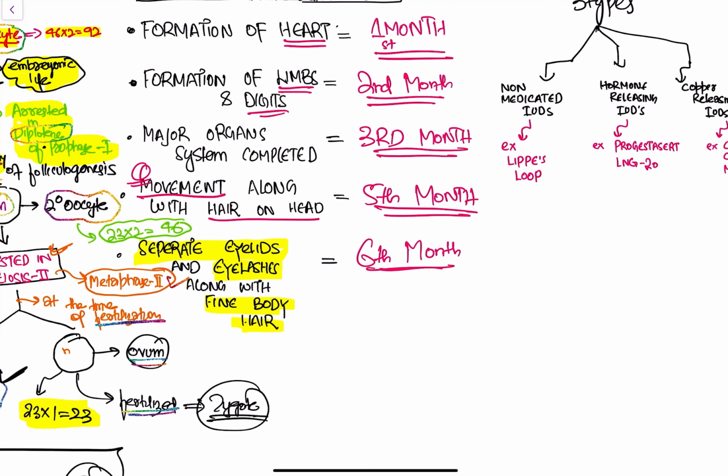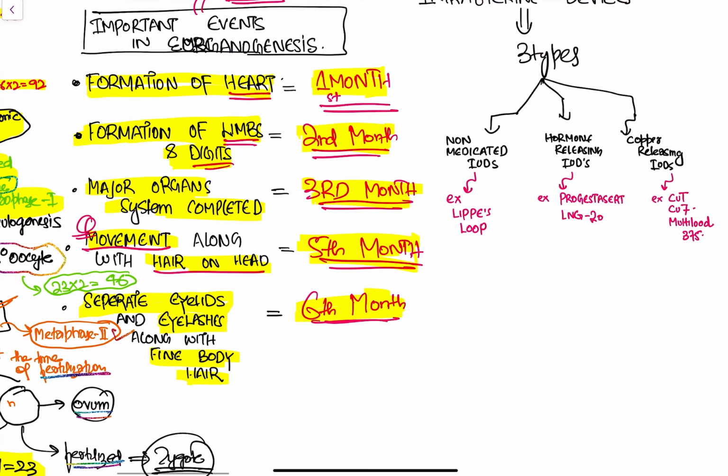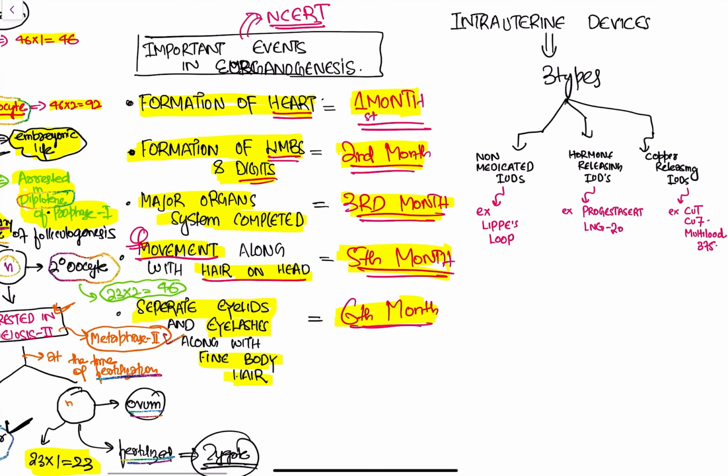So importantly, remember, formation of heart occurs in first month. Formation of limbs and digits occurs in the second month. Formation of major organ systems occurs in third month. Formation of movement and the hair on head is at the end of fifth month. Separate eyelids at the end of sixth month. Very important. So these were some important events of embryogenesis.